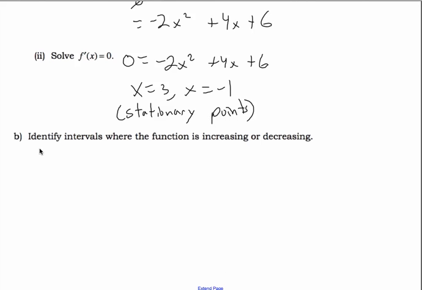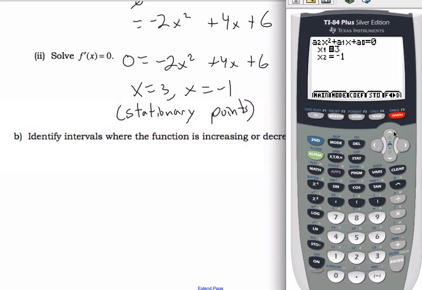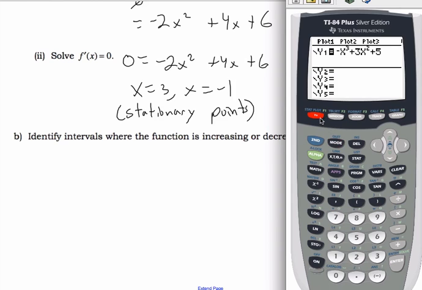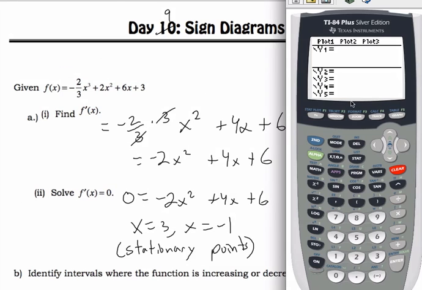So we've got those stationary points. Identify the intervals in which the function is increasing or decreasing. Let's take a look at the graph first. I'm going to type in the function. So we have this function, I'll use the fraction feature.